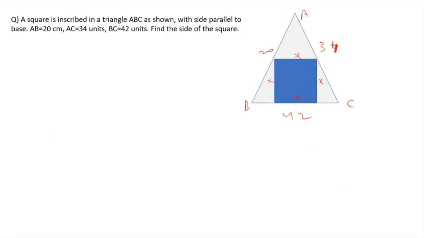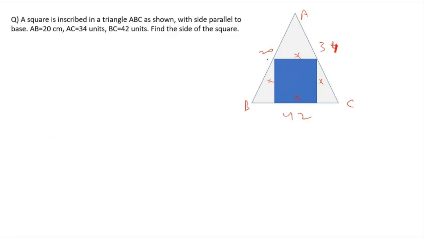Now, first things first, this question looks deceptively simple. It looks like a lot of data is there, so this should be easy to find out. Now, if you've not seen such a question before, the general tendency, especially in exam scenarios, would be people starting to figure out, okay, if I can find this angle, I can get this side.